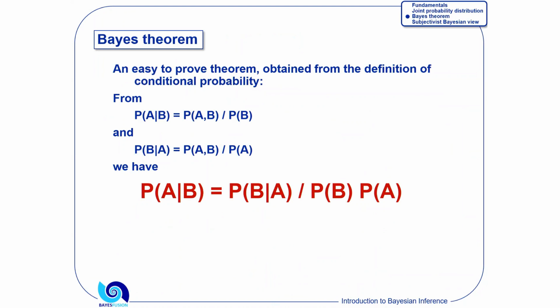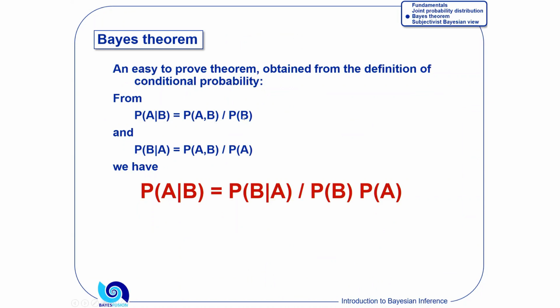So what did he write in that paper? He proposed a theorem that was very easy to prove. Each one of you would prove it as a homework in 5 minutes, probably, if you got a hint. From the definition of conditional probability, you must have seen that. This is not something new for you. A conditional on B and B conditional on A. What you see is that the probability of A and B jointly is on the right-hand side.